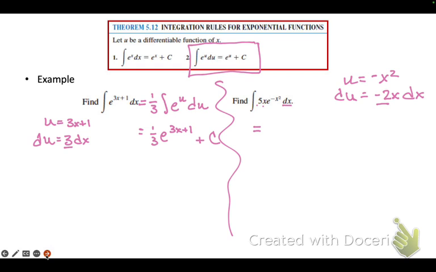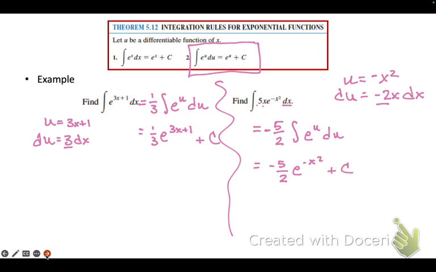I need to reduce the negative 2, but add in a 5. So negative 5/2. I'm adding in the 5 and reducing out the 2. The integral of e to the u du, so negative 5/2 e to the negative x squared plus c.